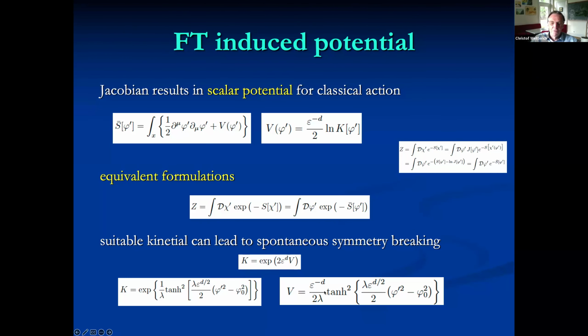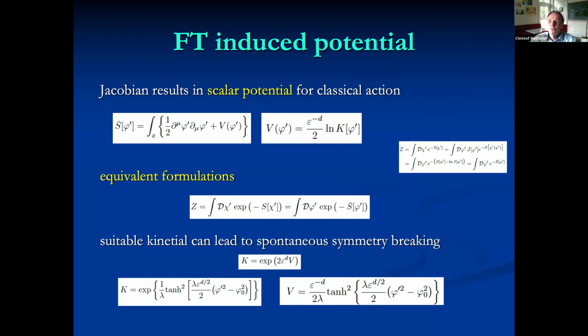For example, you may have a kinetical that has this particular form. Don't pay too much attention to it. It gives you then a corresponding potential. And this potential has a minimum at phi prime different from 0. So it has classical spontaneous symmetry breaking. So in this theory, at least classically, you would say this is a theory where the kinetical induces spontaneous symmetry breaking.